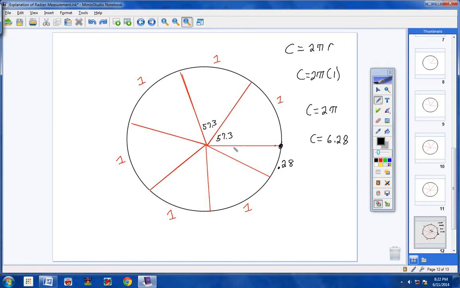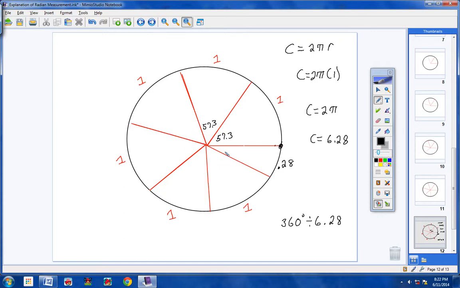Let me say that again. We went around the circle 6.28 times. So if I take 360 degrees and I divide that by 6.28, what do you think you will get? 57.3. And so that's why each one of these angles here equals 57.3, except this angle right here.